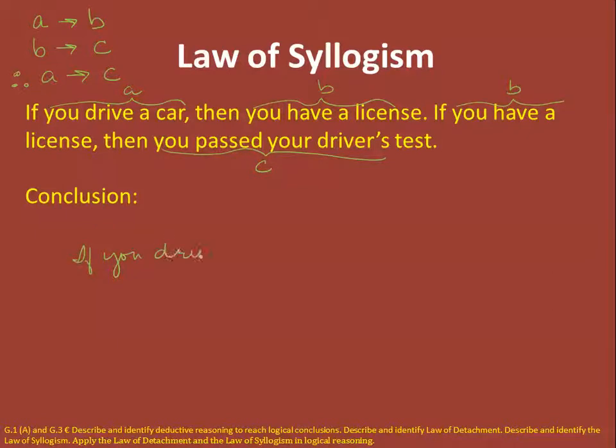If you drive a car, then you passed your driver's test. And I bet many of you will be doing that soon. But that's going to be your conclusion right there.